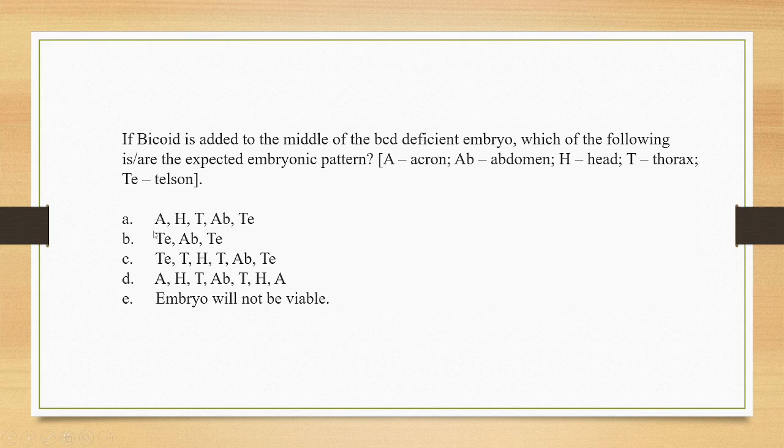Your options are: A, H, T, AB, TE; TE, AB, TE; telson, thorax, head; thorax, abdomen, telson; abdomen, head, thorax, abdomen; thorax, head, acron; and embryo will not be viable.